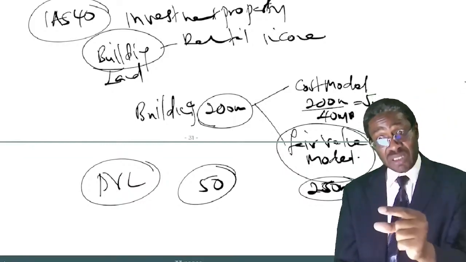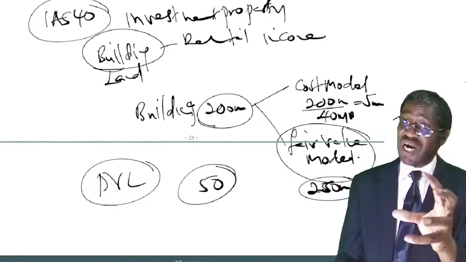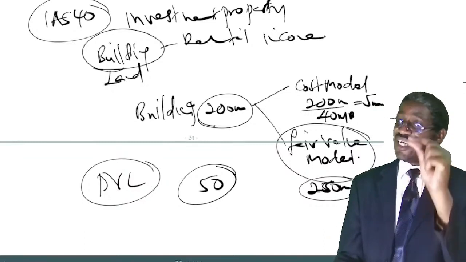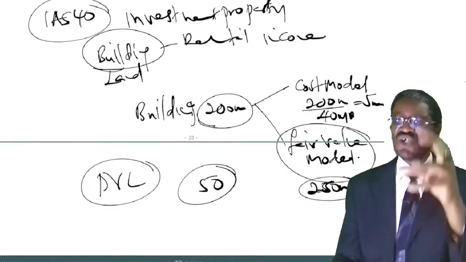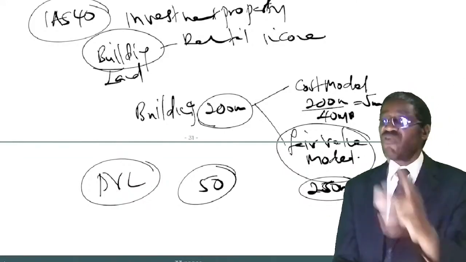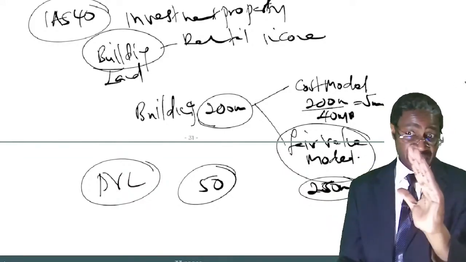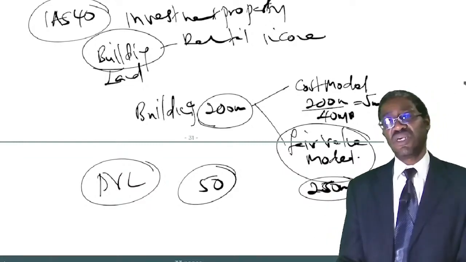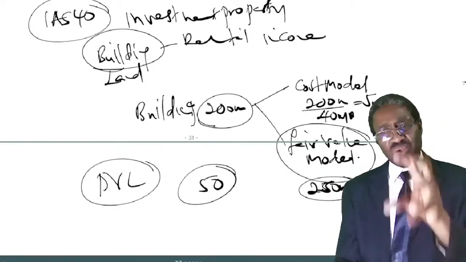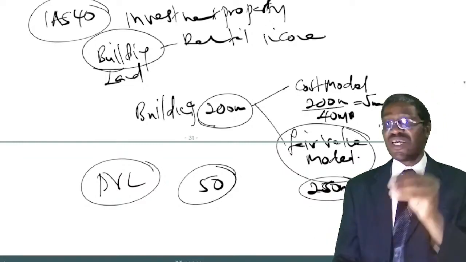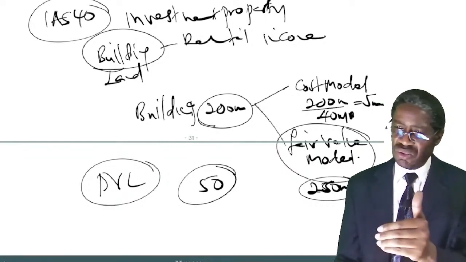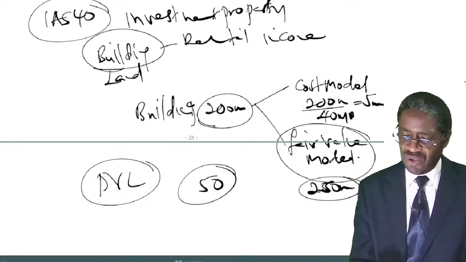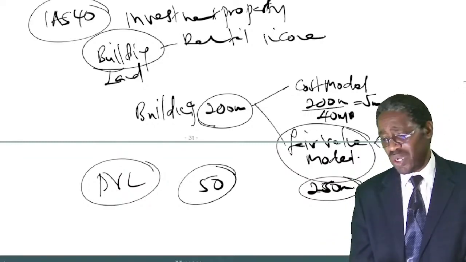So we have said, if you are maintaining your asset at cost model, then deal with it like any other fixed asset, meaning you depreciate it over its useful life. If you are choosing the fair value model, then maintain the asset at the end of the year at its fair value. And the change in fair value, don't forget it cost you 200 million.